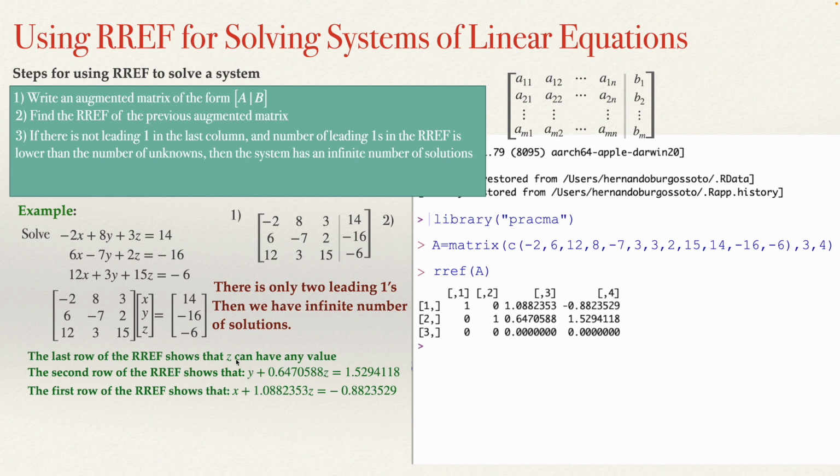For example, if z has the value 0, then y will be equal to 1.5294, etc. And if z is 0, x will be equal to minus 0.88235229.